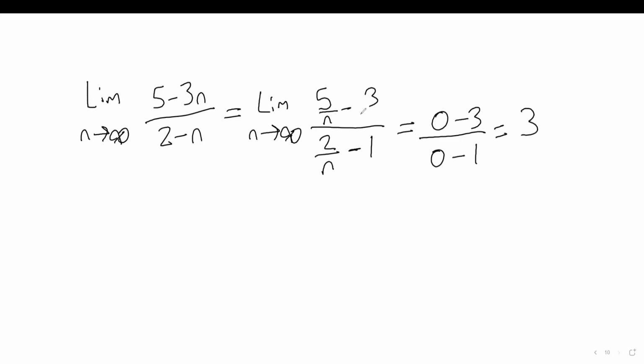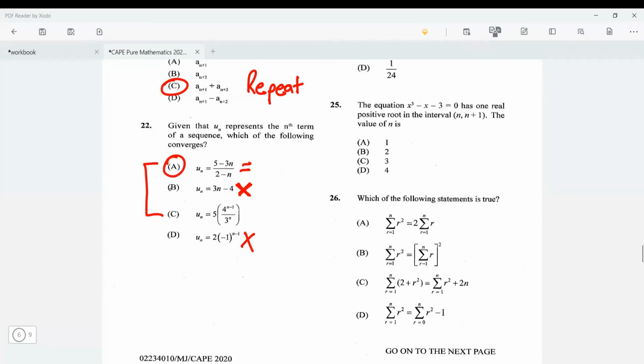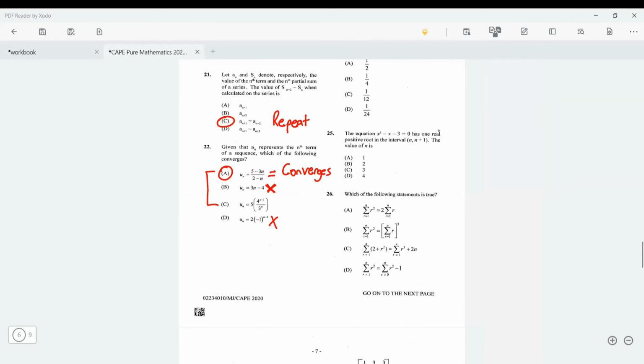That's 3. So this one definitely converges because we get a finite value. As we can see, when we evaluate the limit as n approaches infinity, we got a finite value. So this one converges. Nice. Okay, that's done and dusted.